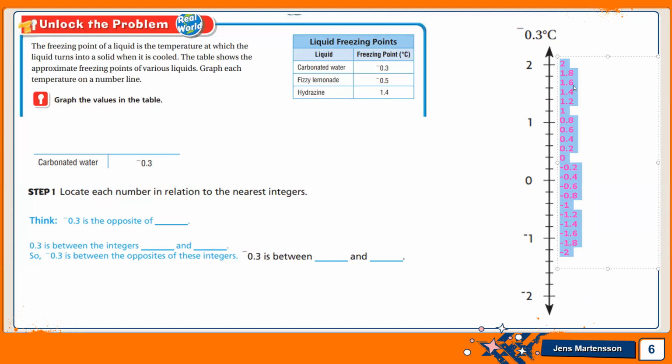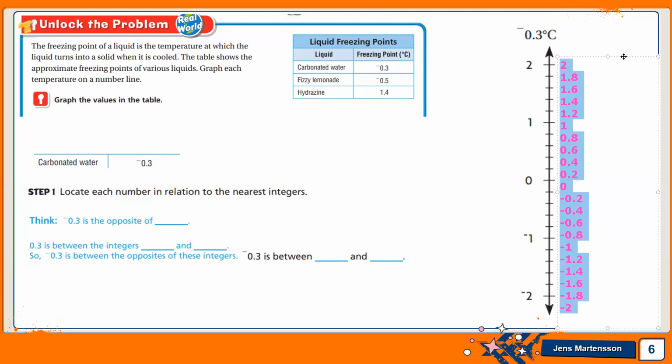Just a minute, please. Let me put the numbers beside them. I didn't skip anything. I told you why: because you divide the difference by the number of dashes.